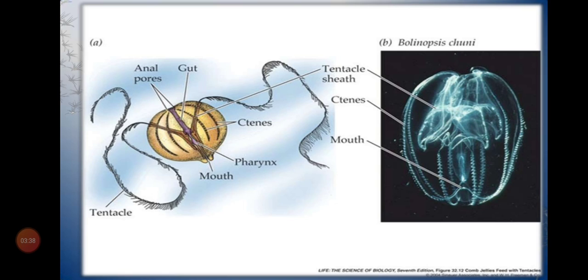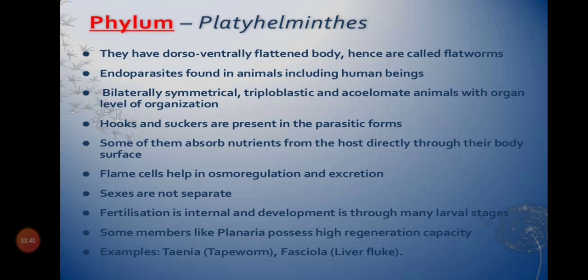This diagram I have explained already, and we have learned about Platyhelminthes. Platy means flatworms, for example planaria. Hooks and suckers will be present, and we can see obligate parasites, that is endoparasites, and also free-living forms like planaria.